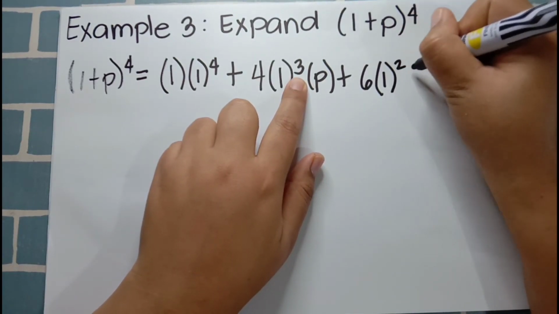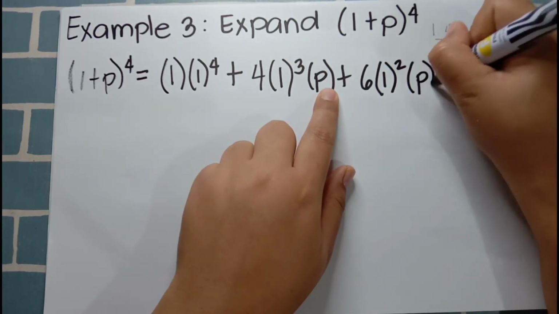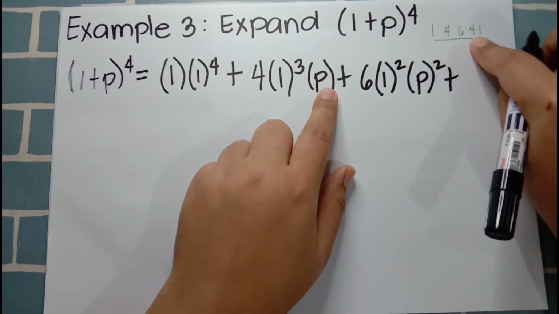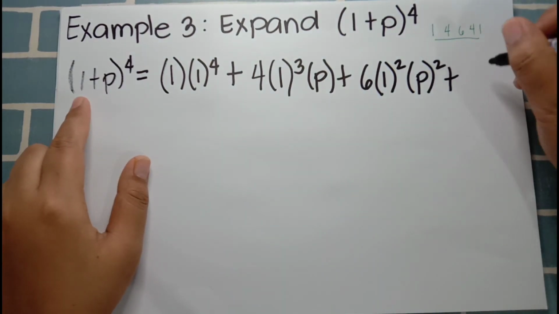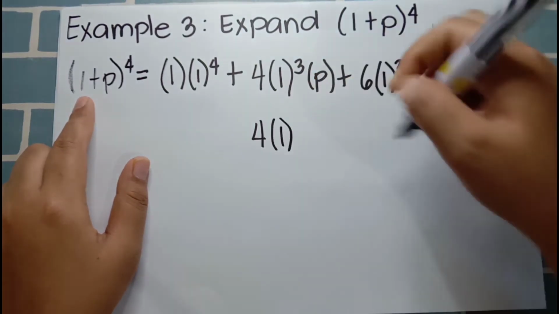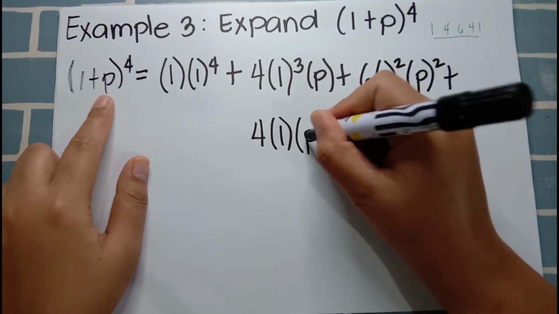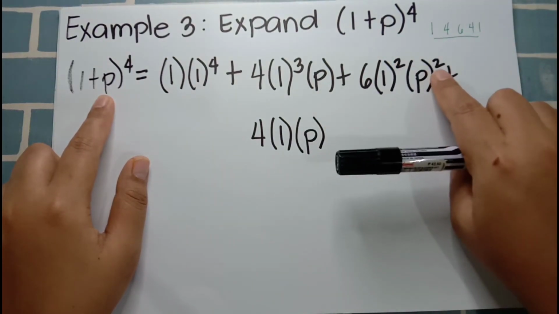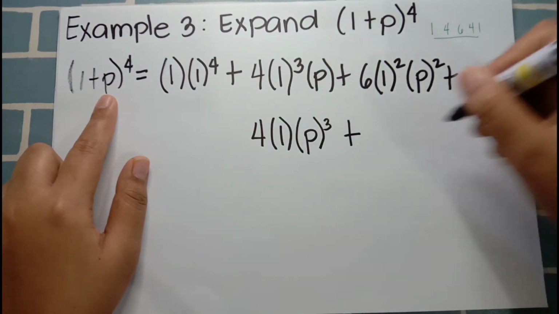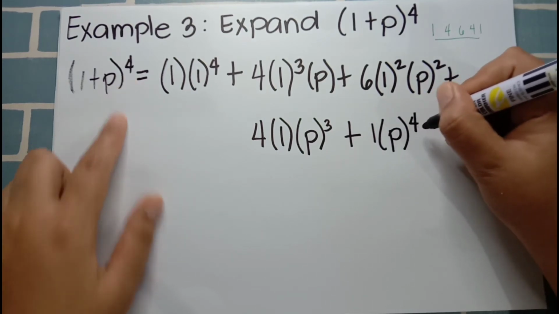So, cube yung una, yung pangalawa, magiging 2 na lang. Times p, 1 yung una, plus 1, magiging 2. Plus 4 times 1 raised to 1 times p, 2 plus 1 is 3. So, magiging cubed yung exponent, plus 1 times p raised to 4.